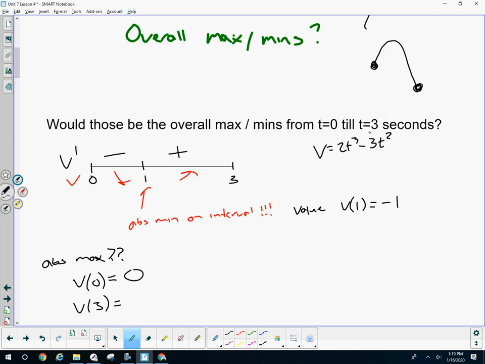V of 0 is 0. V of 3 would be 27 times 2, which is 54, minus 9 times 3 is 27, so that's 27. So I do know that my absolute max is actually going to be at 3 because of what I just did, which is called the candidates test.